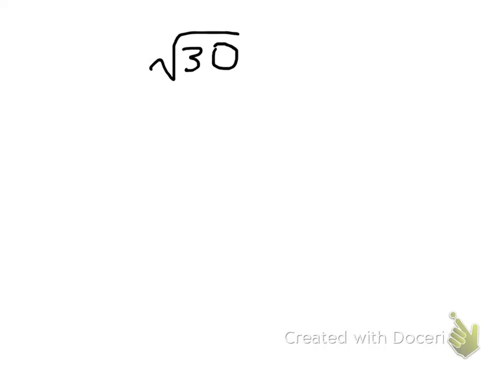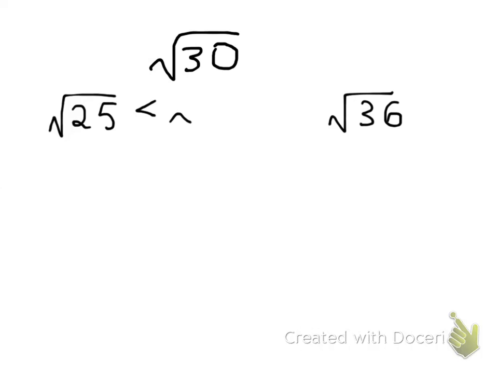Since the square root of 30 is not a perfect square, you have to estimate it. So take a moment and think about the 2 nearest perfect squares. It has to be the square root of 25 and the square root of 36. Since the square root of 30 is in the middle, we can use the less than sign.